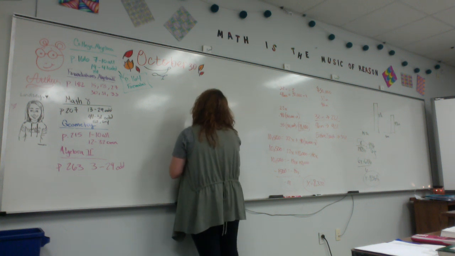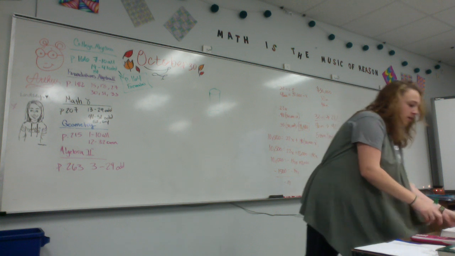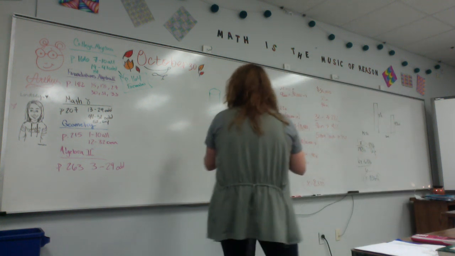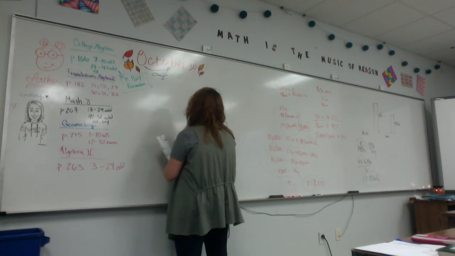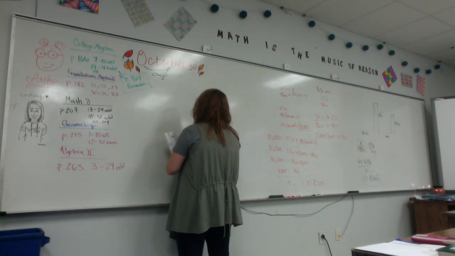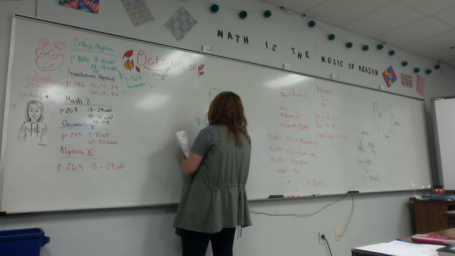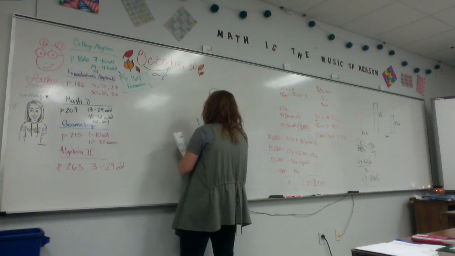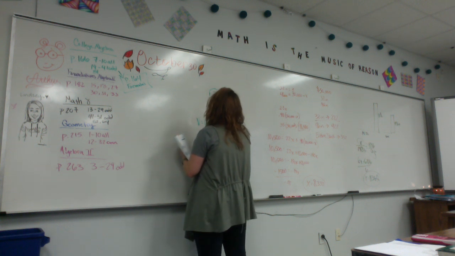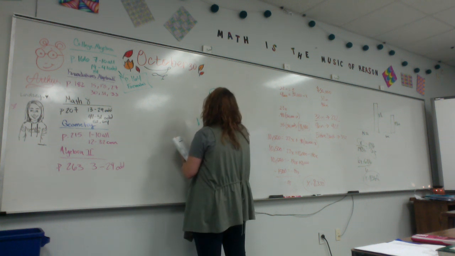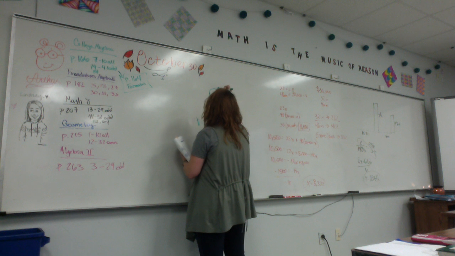and rearrange them. Let's say they have a cylinder, and it says a can has a volume of 600 cubic centimeters and a radius of 4 centimeters. So this radius is 4 centimeters.